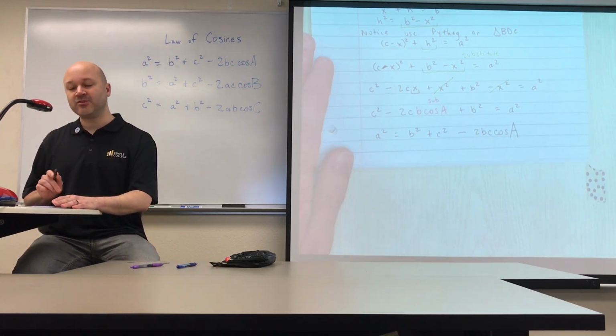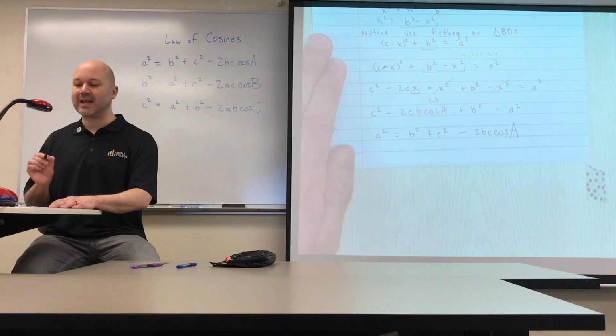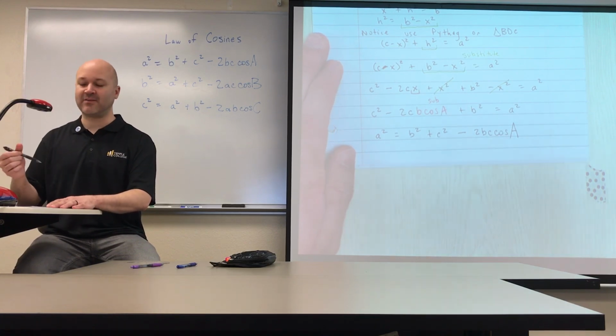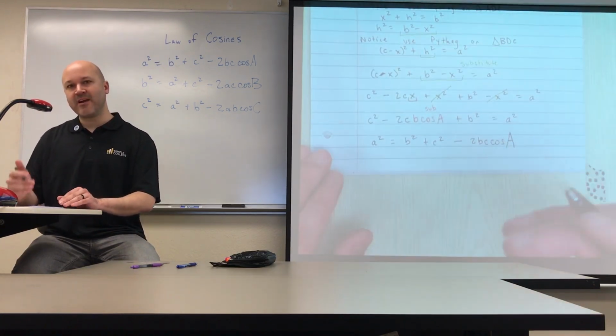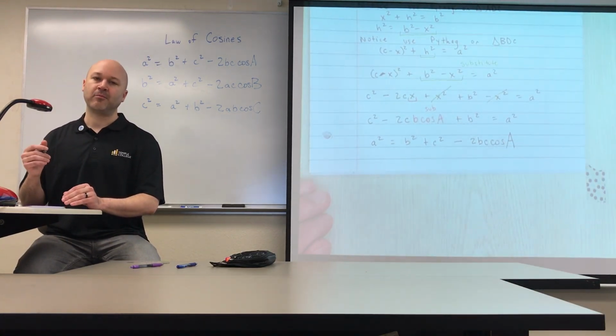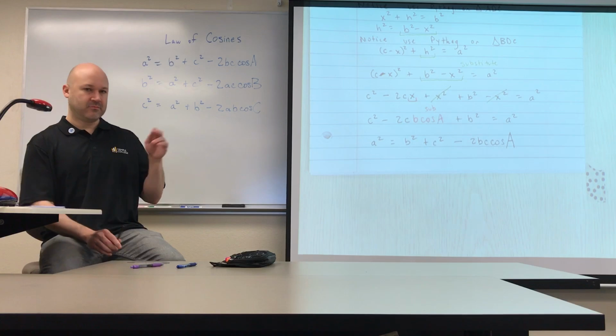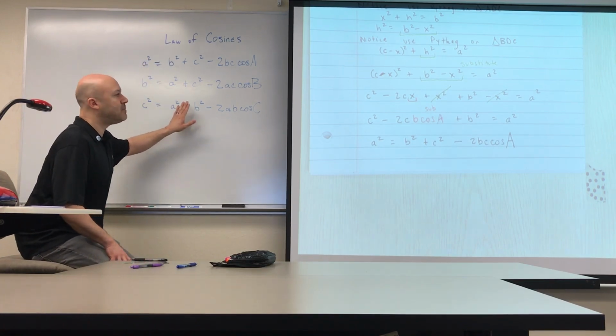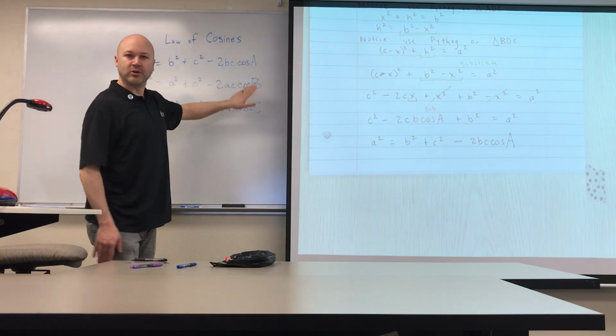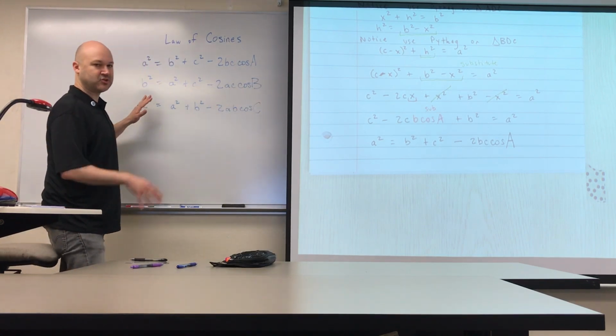And again, if I had drawn my altitude from a different angle, instead of from angle C, if I had drawn it from angle A, I would come up with a very similar relationship. So the law of cosines has three versions. It depends on which angle you're looking for, maybe which situation you're in.